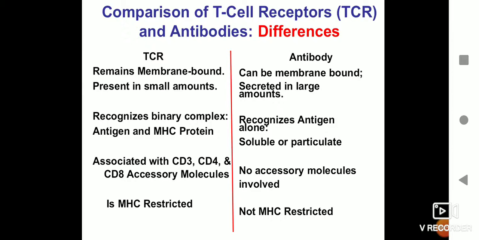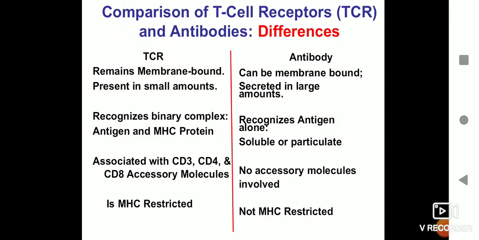Only when the co-receptors are present and active, when the TCR recognizes an antigen MHC complex, it will activate the T cell completely. Whereas the BCR does not require or involve accessory molecules.